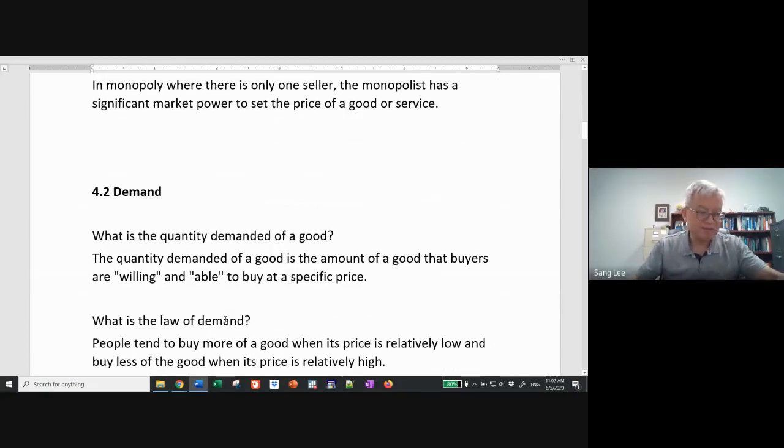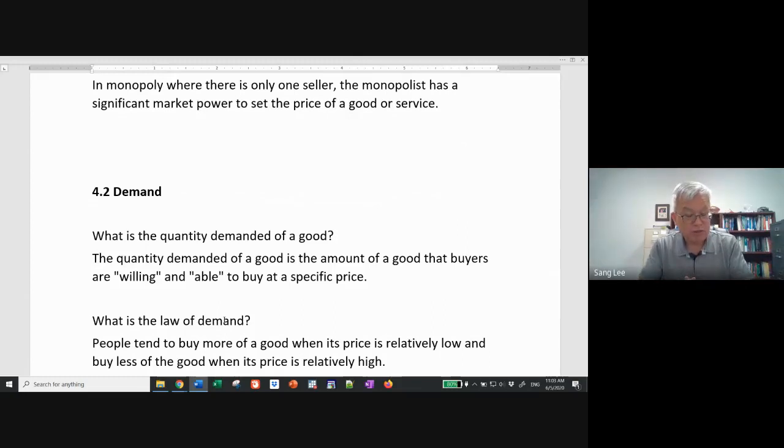So now we're going to start to discuss the buyer's side of the market. So first, demand. What is the quantity demanded of a good? Here we're going to first acquaint ourselves with a few economic terms related to demand for a good or service, to enhance our discussion of demand, or the buyer's side of the market.